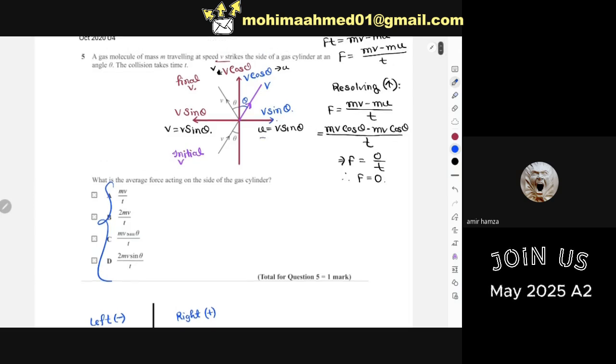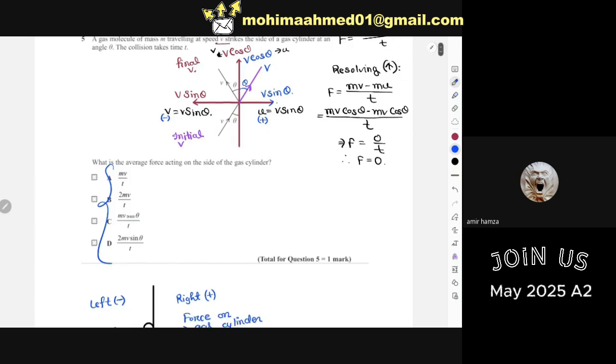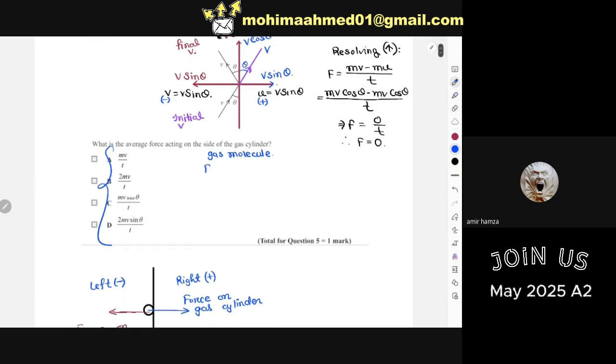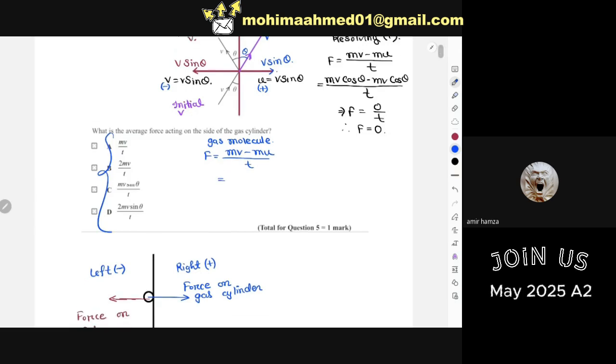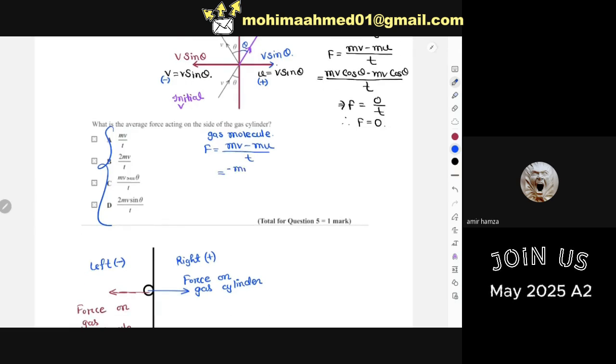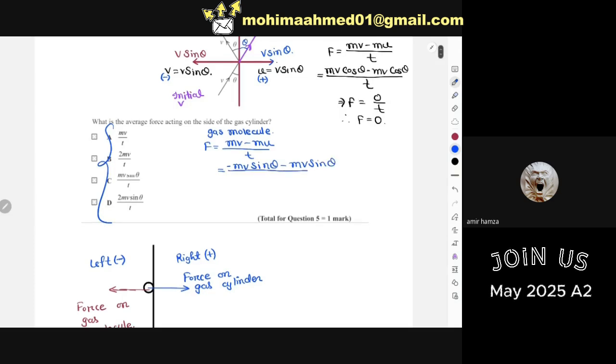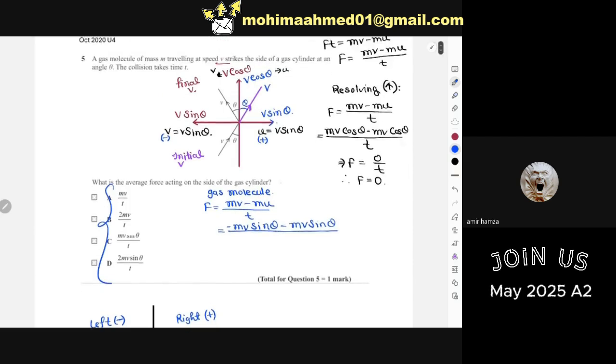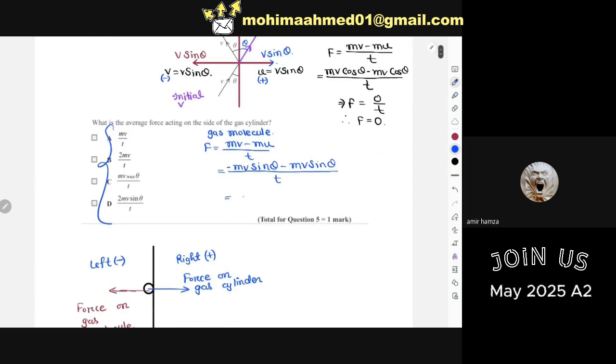So for that gas molecule, this is positive and this is negative, which turns out to be F equals mv minus mu over time, and as v is negative, it will be negative mv sine theta, and then again mv sine theta divided by t, and it will eventually be minus 2 mv sine theta divided by t.